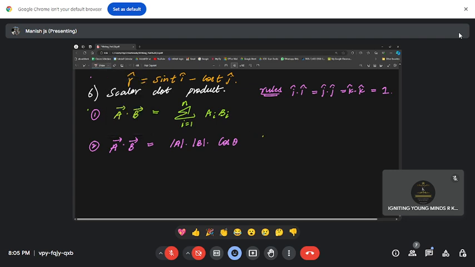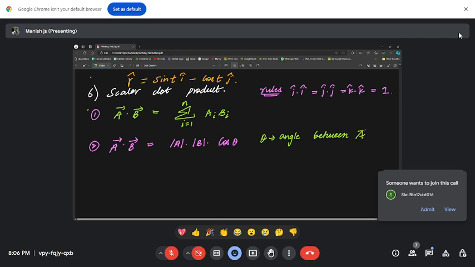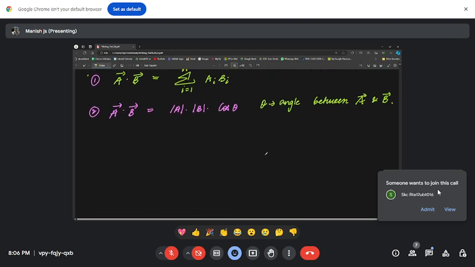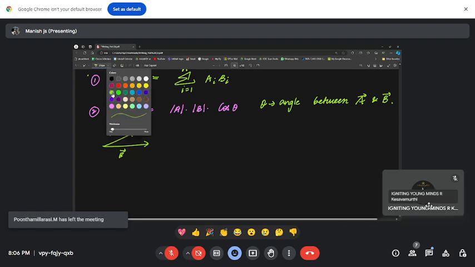Theta is nothing but the angle between vector A and vector B. So that angle you call theta. When you try to represent these two vectors, you can represent them like this. Say this is vector A and this is vector B, and the angle between these two vectors we can take as theta.